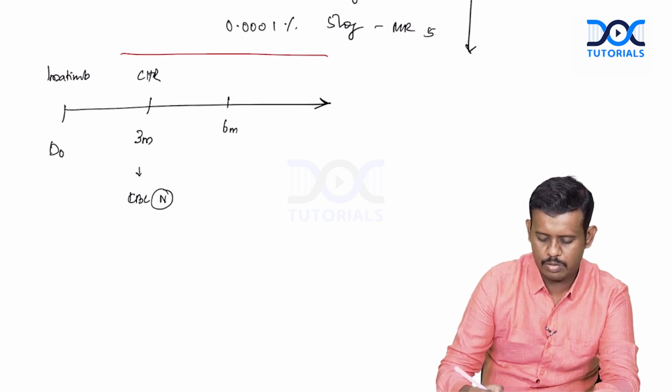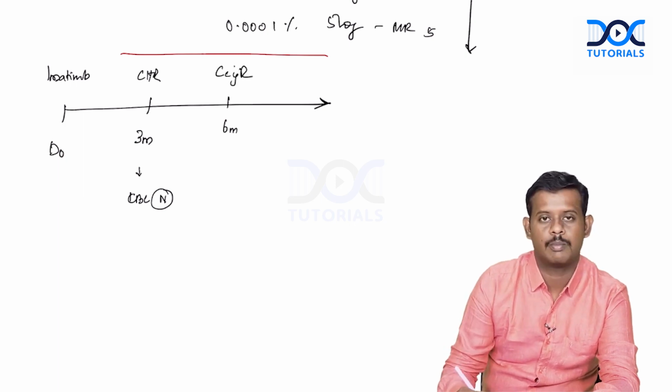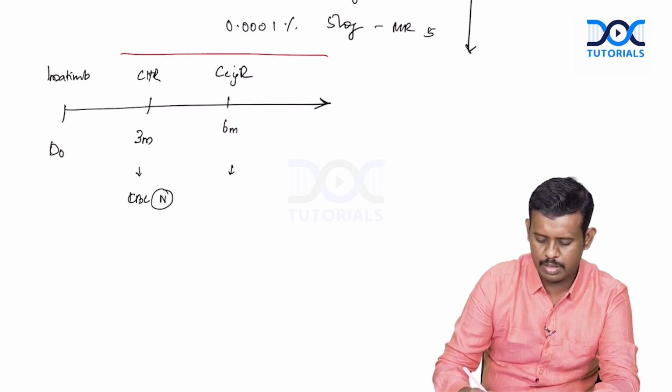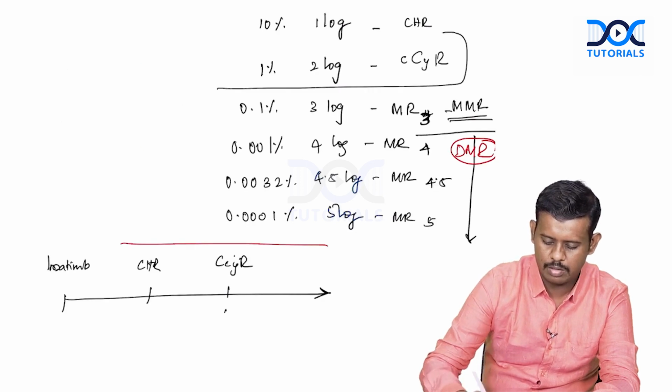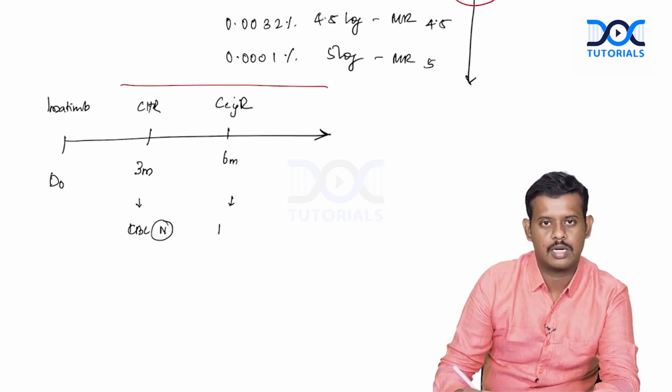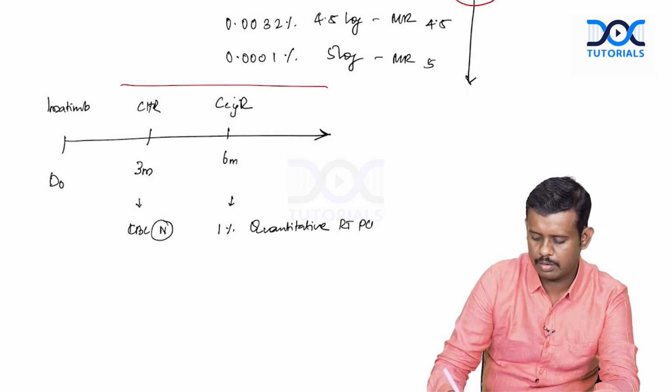At 6 months, you expect CCYR, that is complete cytogenetic response, means your patient should have 1% in your BCR-ABL transcript analysis, 1% in your quantitative RT-PCR.